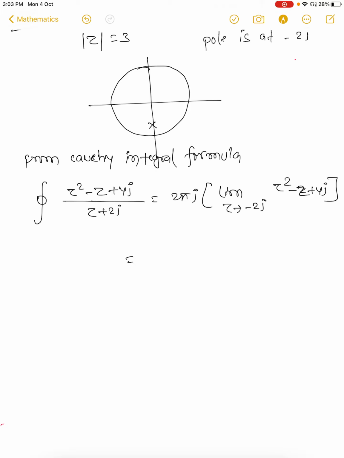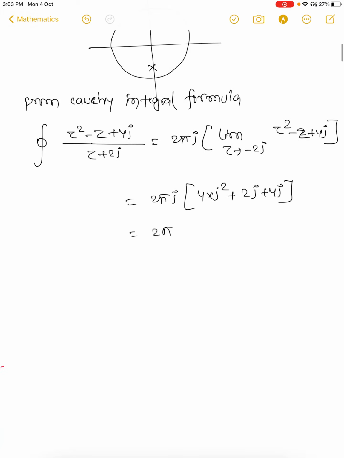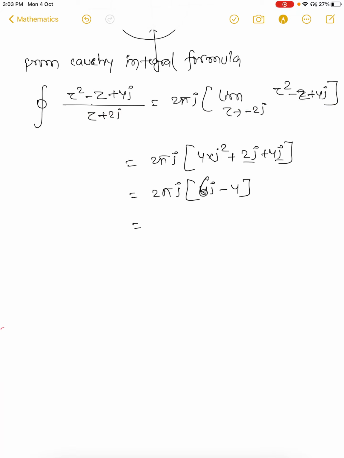So solve it. 2 pi j, and when you put minus 2j in the place of z, what will happen? We get 4 into z square, plus 2j plus 4j. So it will be 2 pi j times (6j minus 4). Take the j inside and 2 common.